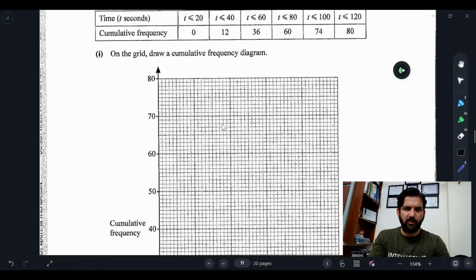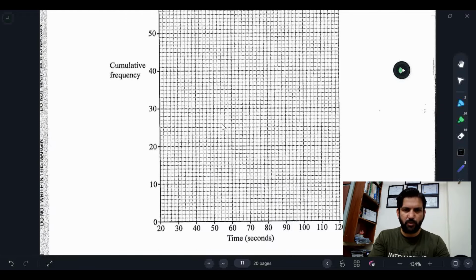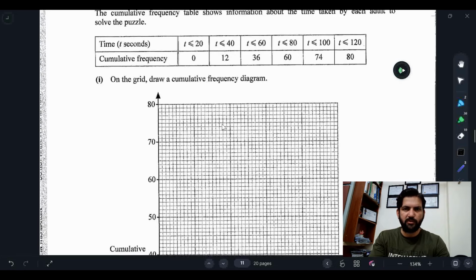In part B, the data is given to us. We have to draw the cumulative frequency. The cumulative frequency is also given to us.